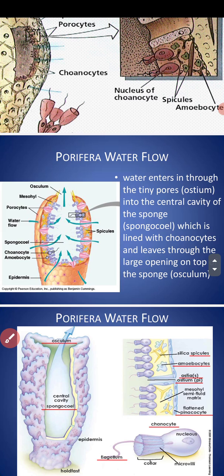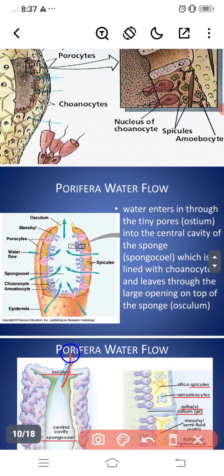Now, how does water flow into the body of the sponge? Water enters these small pores, which are called ostia. After this, it goes to the spongocoel. This is the spongocoel, the cavity present inside the body of the sponge.